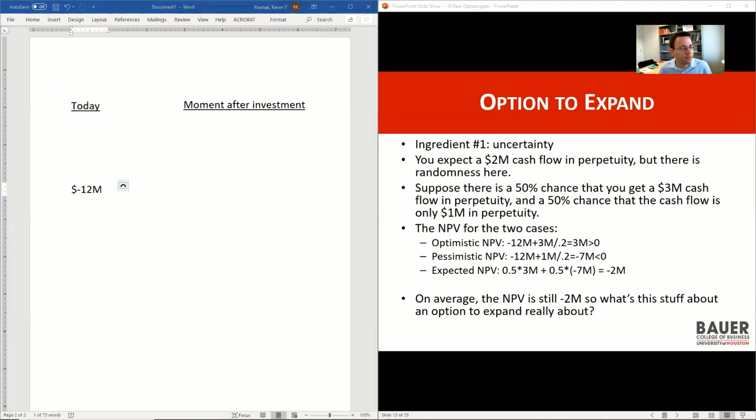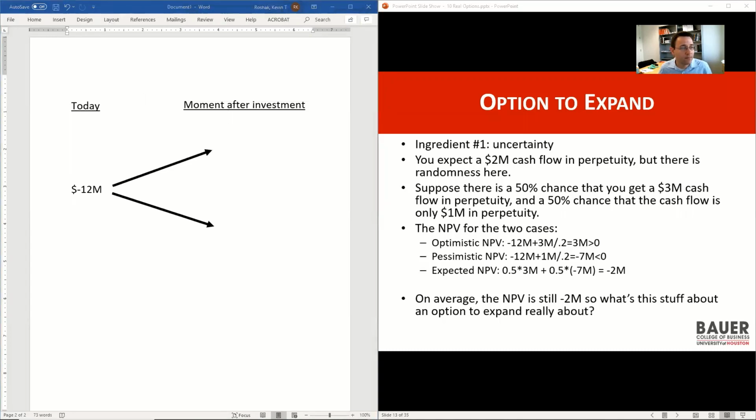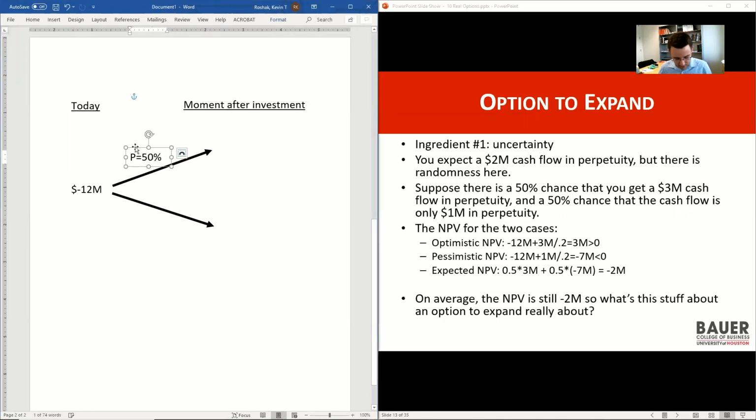And then what happens in the future? Well, that depends. Depends on if things look good or bad. Okay, you draw a little tree like this, little arrows. 50% of the time we go one way, 50% of the time we go another way. Right? 50% is just, in this example, it could be different probabilities. In the review session we did on Monday, it was different probabilities. But for here, we just said 50% things look good, 50% things look bad.